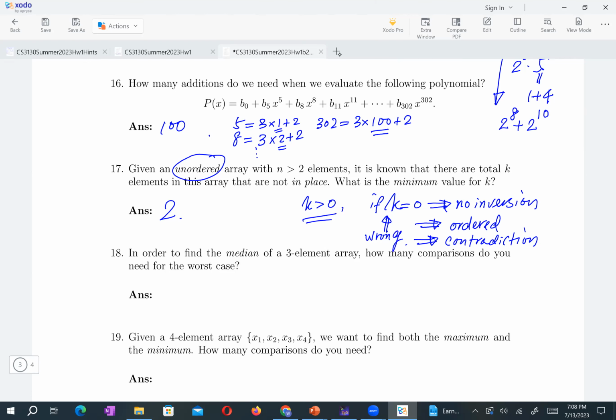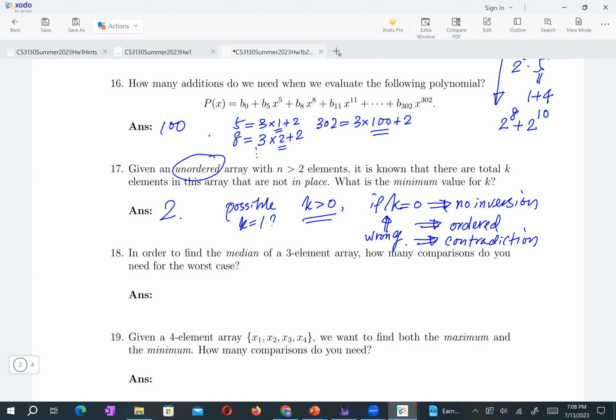If greater than 0, is it possible K equals 1? You need to think about it. That is, given an array, only one element is not in place. The remaining n-1 are all in place.